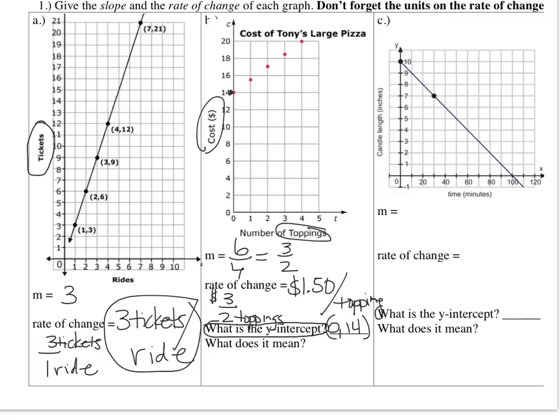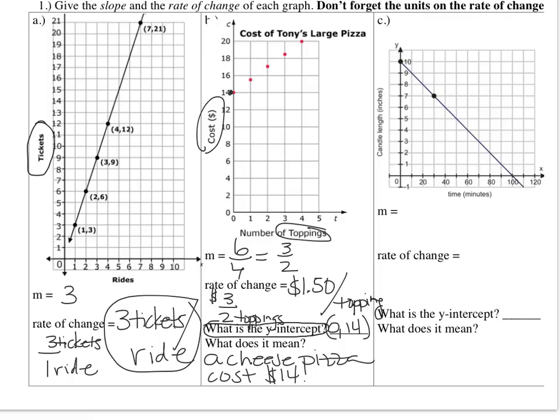And if we want any toppings, how much do we add to the cost of the pizza? We add $1.50, okay? So I'm just going to be very specific. A cheese pizza, or you could say a plain pizza, costs $14. So just really thinking about what does this actually mean in this particular situation, okay?